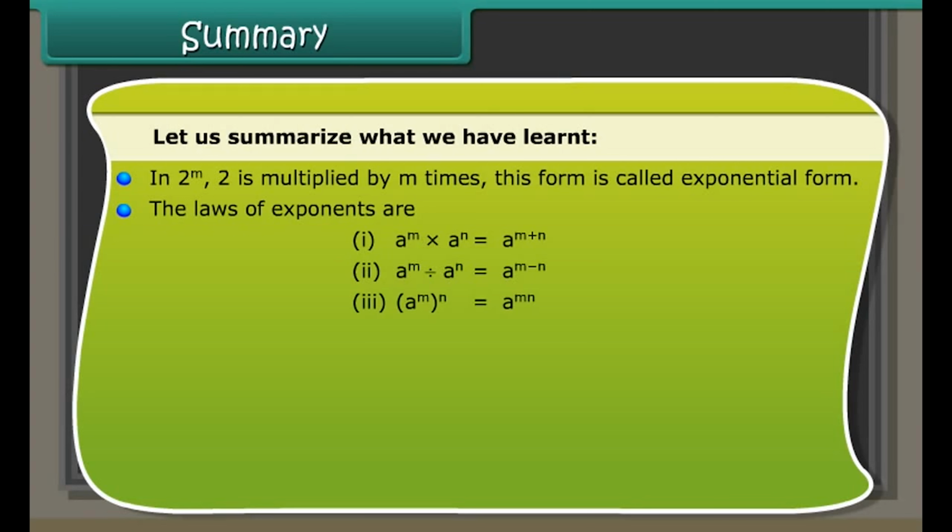3. (a raised to the power m) raised to the power n is equal to a raised to the power mn. 4. a raised to the power m into b raised to the power m is equal to ab raised to the power m. 5. a raised to the power 0 is equal to 1. 6. a raised to the power m upon b raised to the power m is equal to (a upon b) raised to the power m.